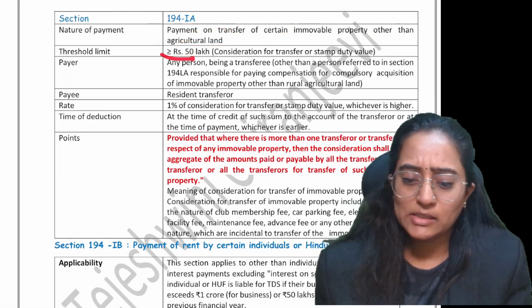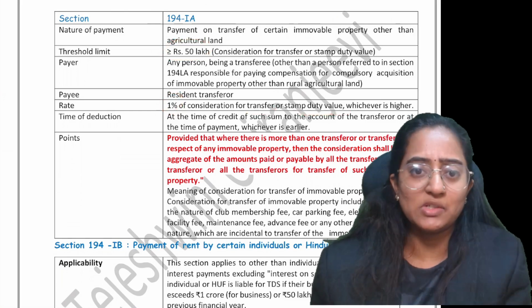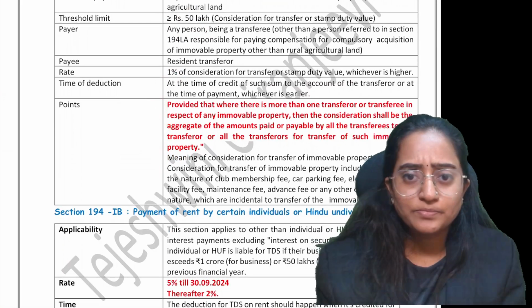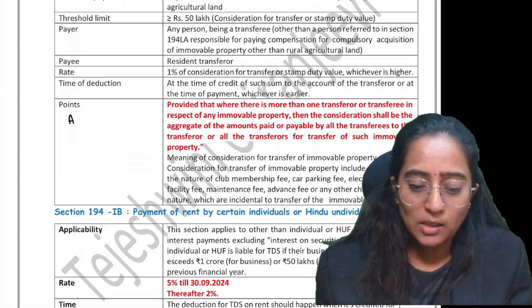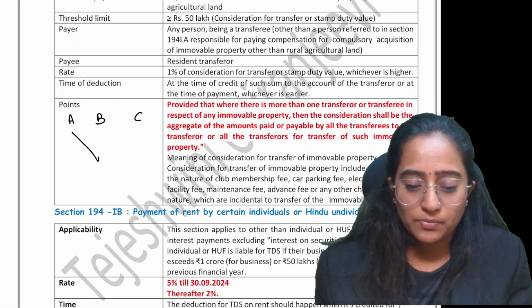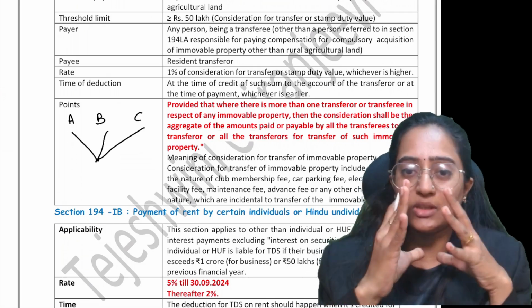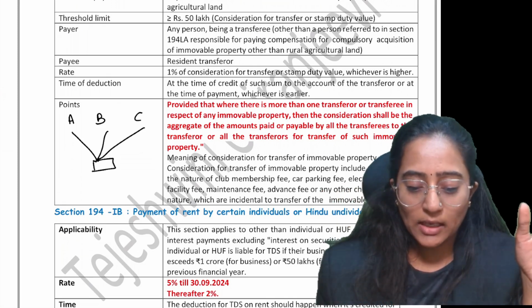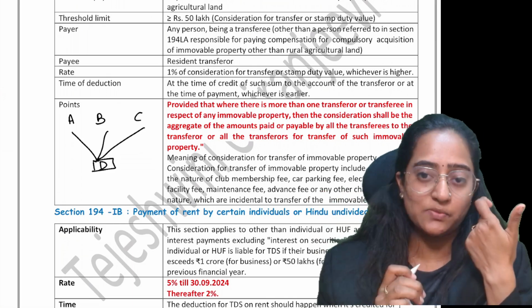If the consideration exceeds 50 lakh rupees, you pay 1% of the consideration or the stamp duty value, whichever is higher. The amendment coming here is this: suppose there are multiple transfers. One property was a joint property, with 2-3 transferors, and one party, Mr. D, is getting that property from multiple transfers.